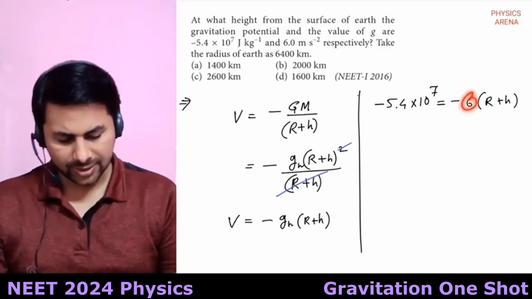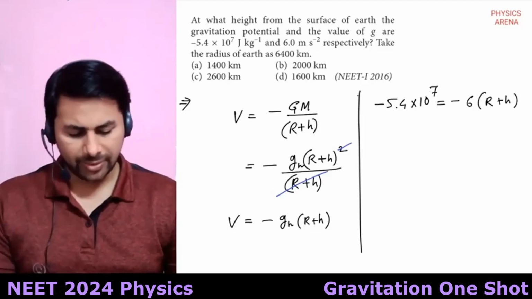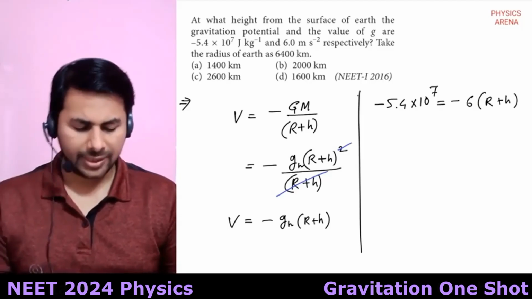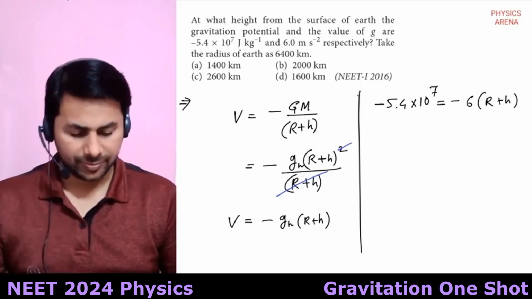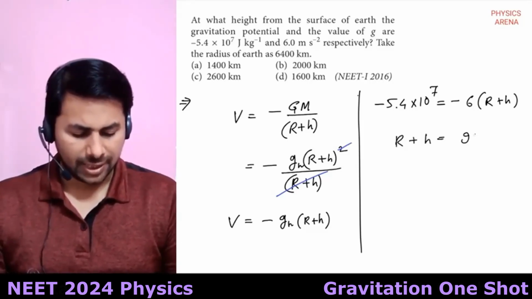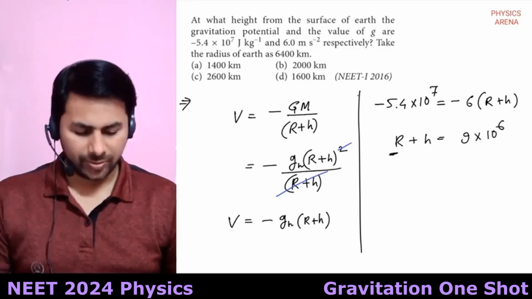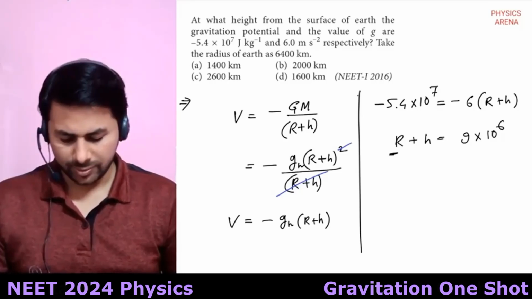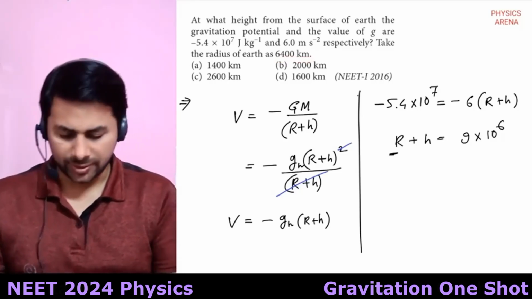Okay, let's take that 6 on this side. So 6 nines are 54. This will be 0.9 into 10 raised to 7, or 9 into 10 raised to 6. So R plus H is 9 multiplied by 10 raised to 6. R is how much? 6.4. Yeah, 6400 km. It is 6.4 into 10 raised to 6.